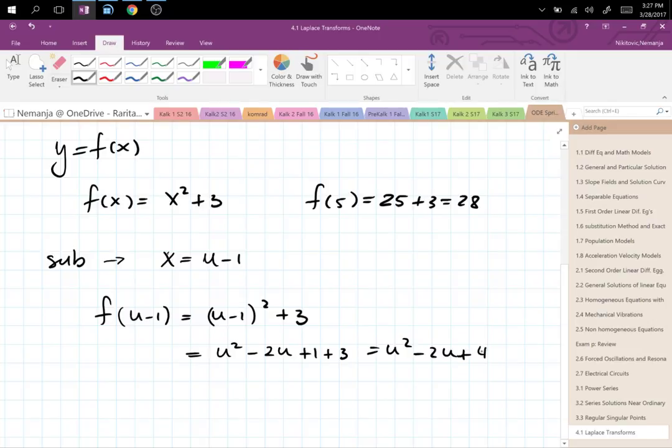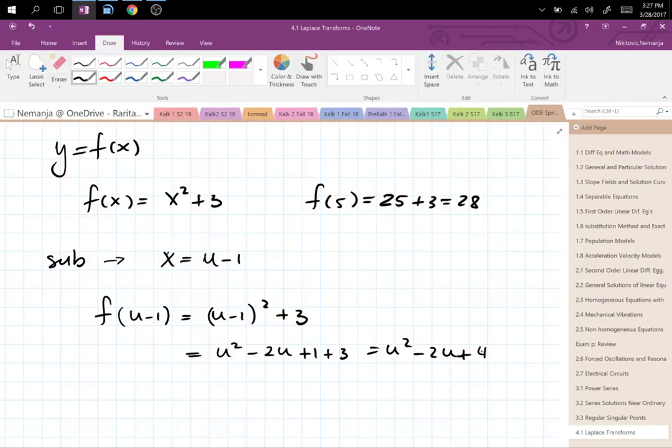Now my question is, looking at this, which number do I have to plug into f of u minus 1 to get 28? Which number for u do I have to plug in to get 28? Yeah? 6, right?